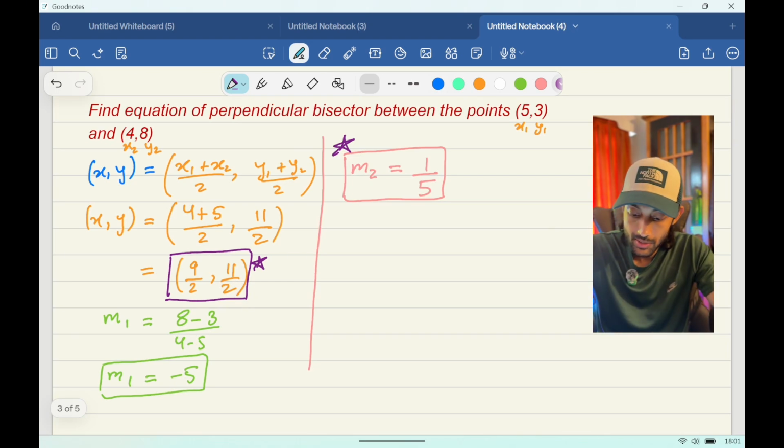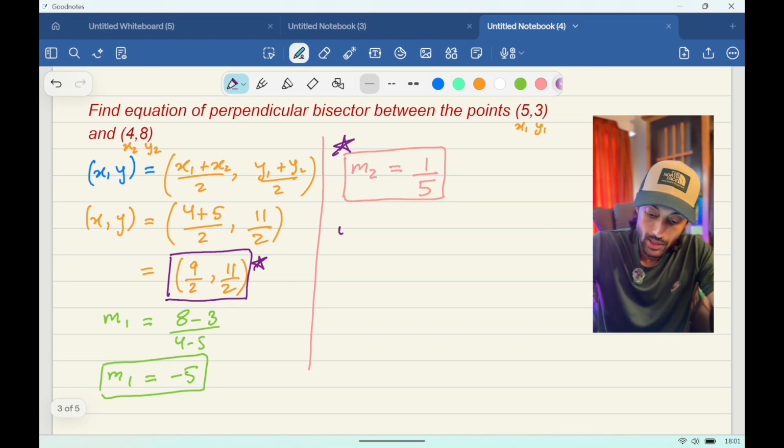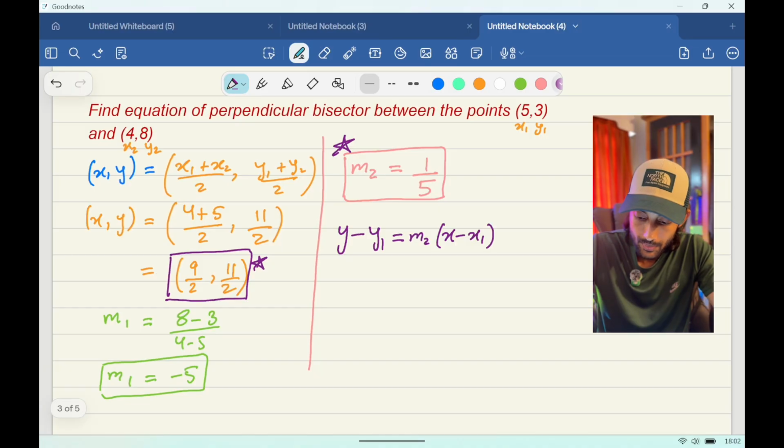As I mentioned earlier, there is one more way to find out the equation. You can apply this formula directly, y minus y1 equal to m2 times x minus x1. Now all you have to do is input these coordinates of 9 over 2 and 11 over 2 in place of x1 and y1, and substitute this 1 over 5 in place of m2.